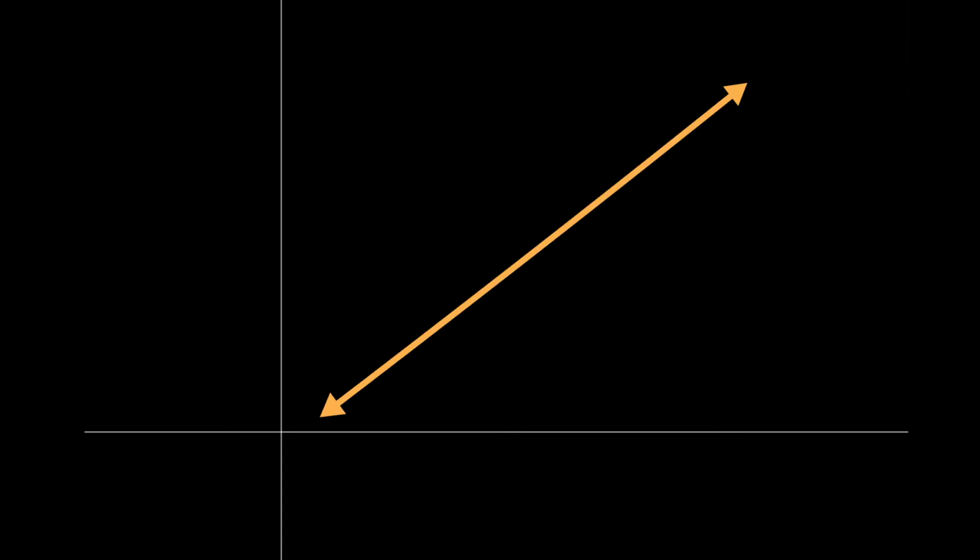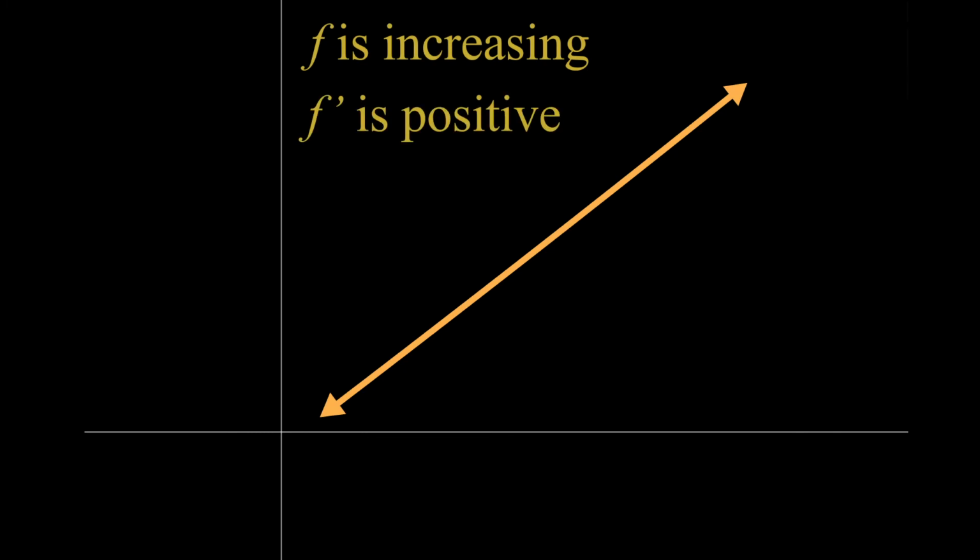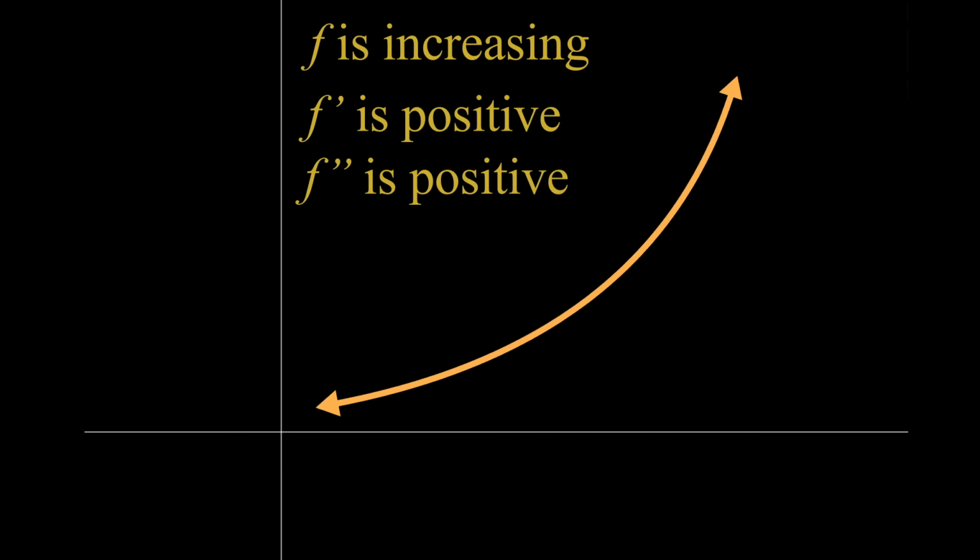Here we have a linear function that is increasing. Thus, we know that the values of the first derivative are positive over the open interval. Since the function is increasing at a constant rate, the second derivative has a value equal to 0 over this same interval. If the function looks like this, it is now concave up and is still increasing.